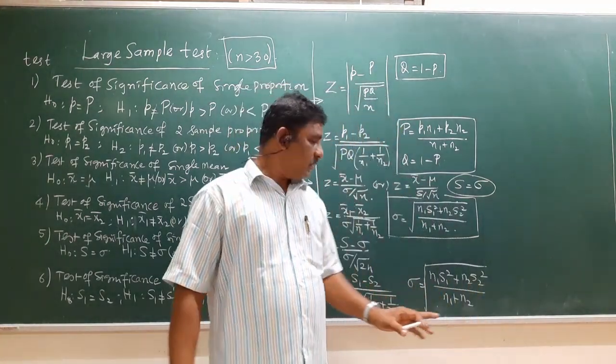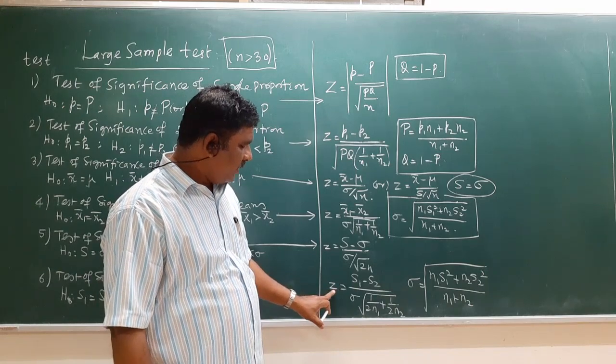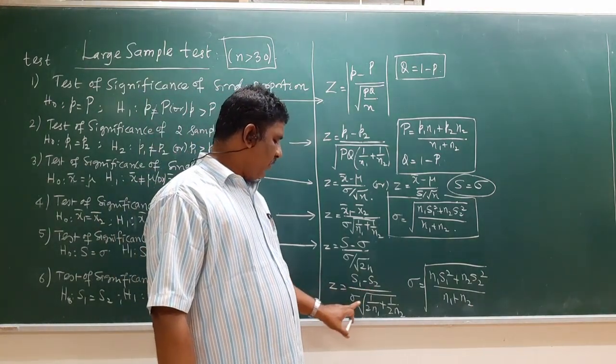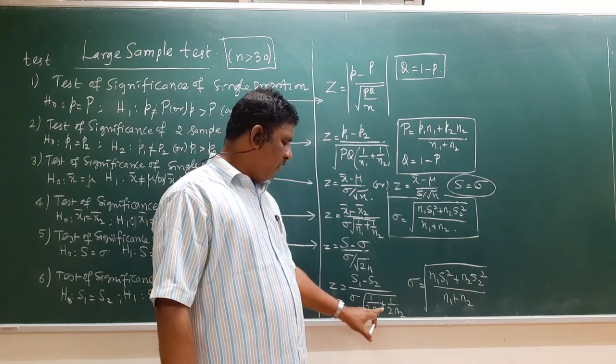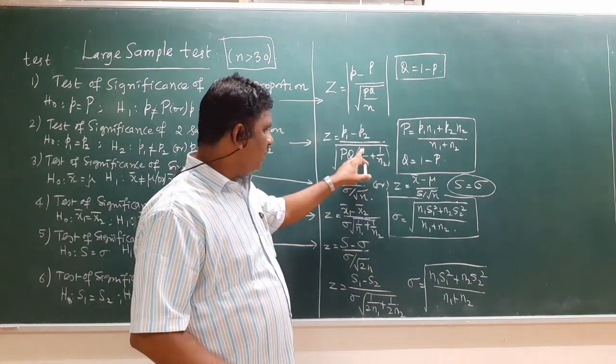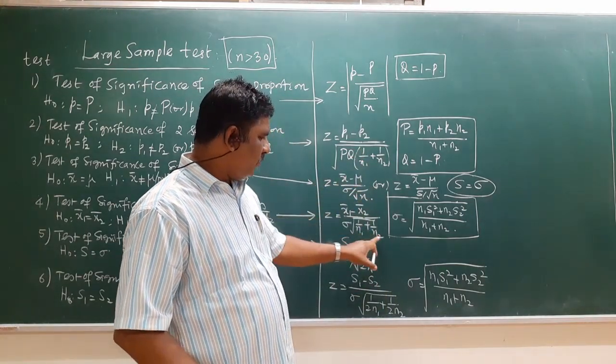But see here the test statistic Z. Z is S1 minus S2 by sigma into square root of 1 by 2n1 plus 1 by 2n2. Please keep it in mind. When you are testing the sample means, it is 1 by n1 plus 1 by n2.